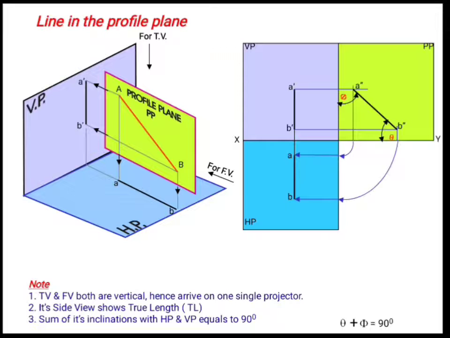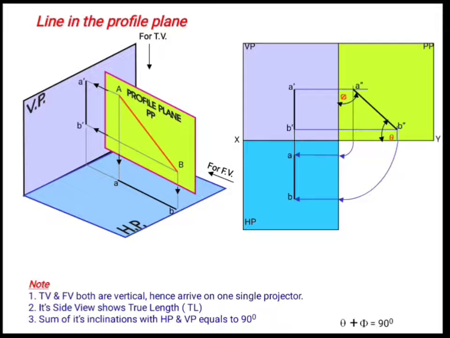That is, here we know A dash B dash the elevation and AB the plan are obtained on the same vertical projector. The side view A double dash B double dash shows the true length of the line. The sum of inclinations theta plus phi will be 90 degrees.